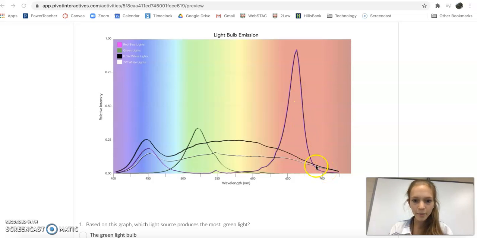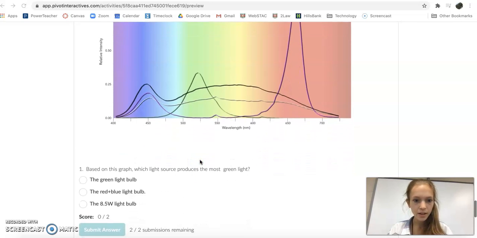So it's saying that the red and blue light was emitting light that basically corresponded to red light here, up at around like 650 nanometers, and it also emitted some blue light down here. Now if I look at this green line, the green only emitted light in this sort of green part of the spectrum, around 525 maybe nanometers.